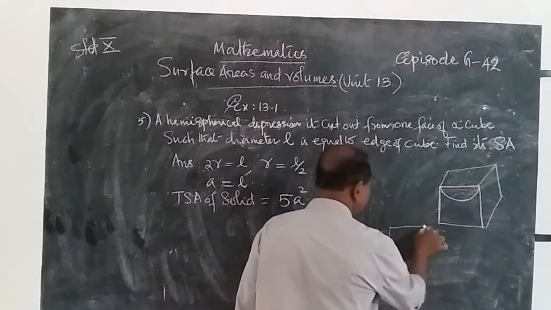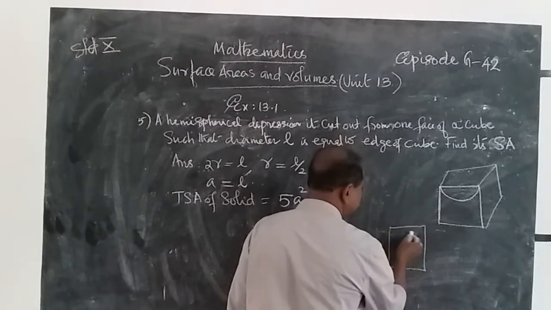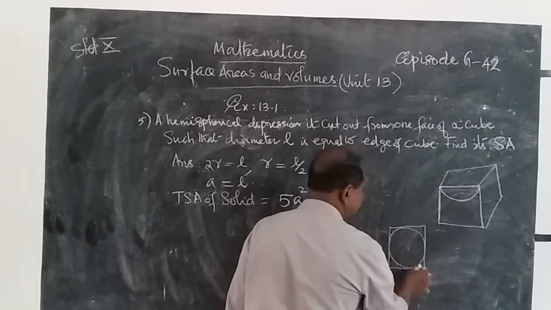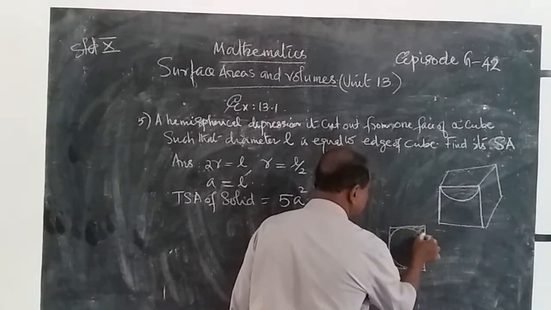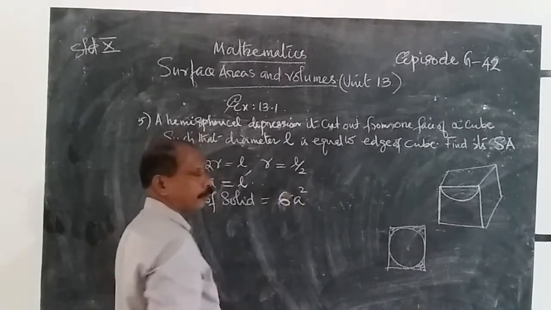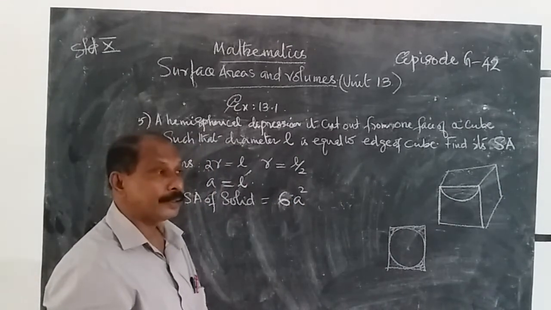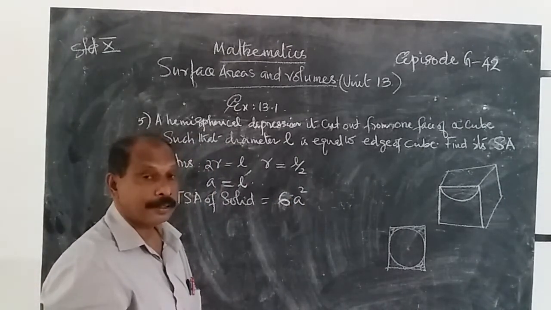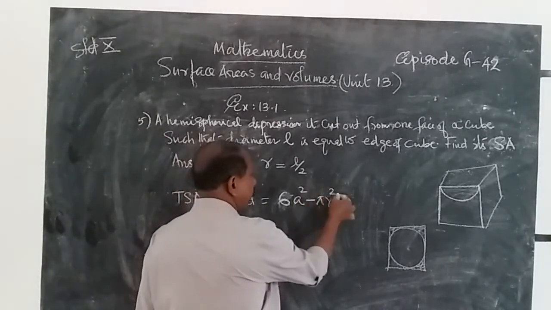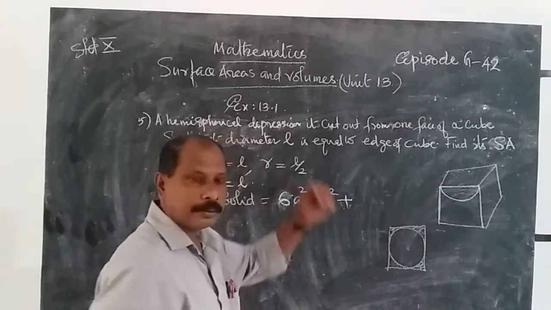Yes. Say this part is removed. Therefore, the remaining part is 6 a square minus what? 5 a square plus what?